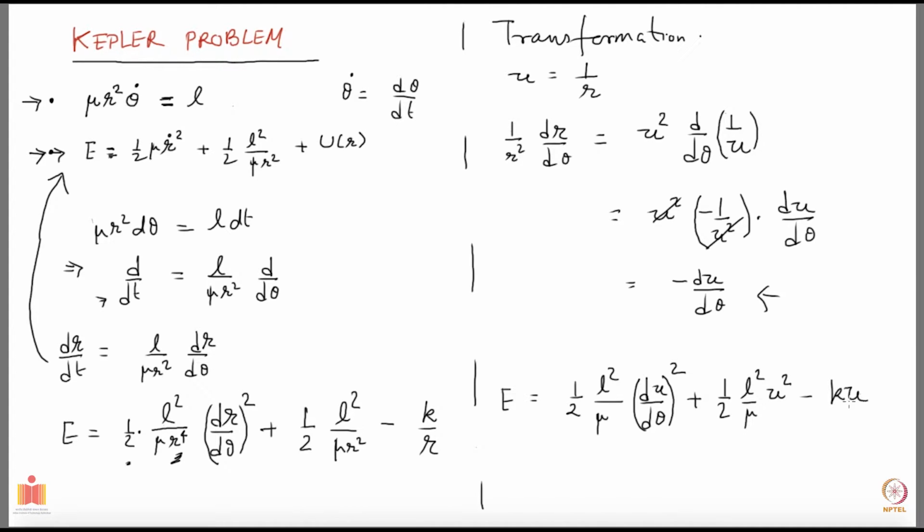I think I will have to write it again on the next sheet. Okay, let me do it quickly. So I want to take a derivative of this previous expression with respect to theta. Let me write it because I need it here.